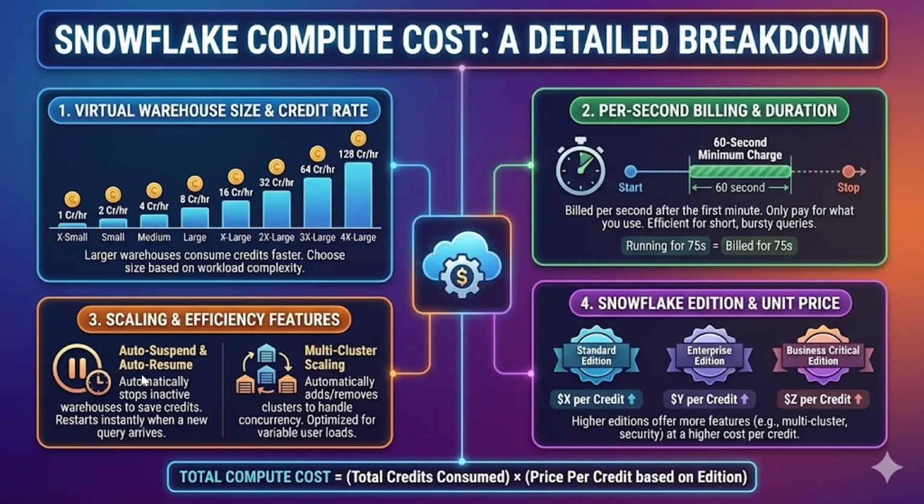We can also create a multi-cluster warehouse. That multi-cluster warehouse will automatically add or remove clusters to handle the concurrency, so that multiple users can execute multiple queries without any delay. So the scale up and scale out which I was talking about earlier is the same.